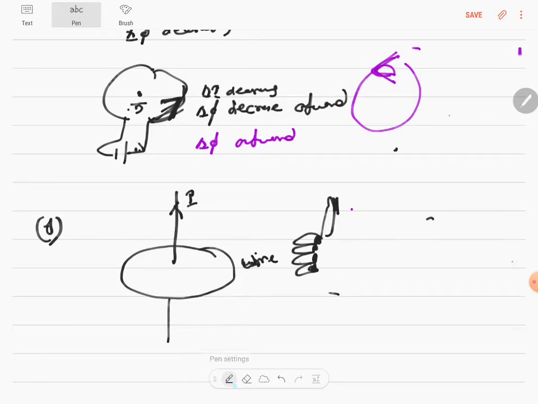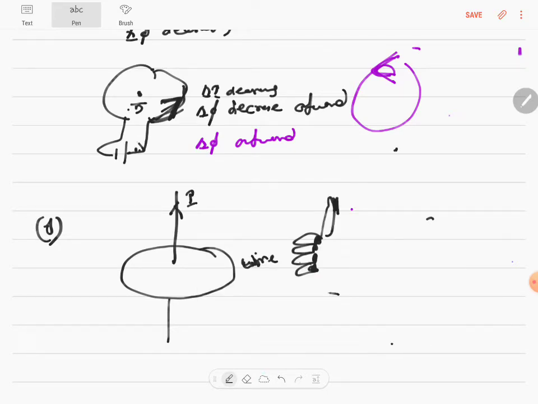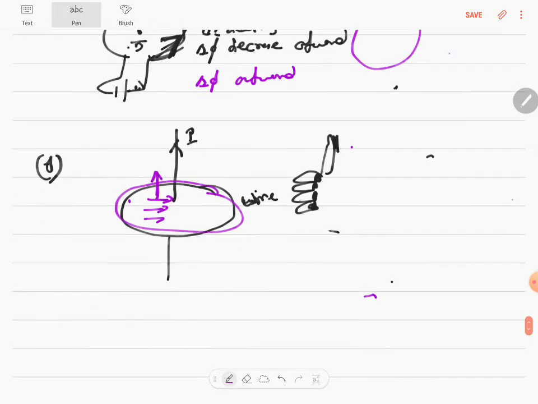The magnetic field's direction is in this direction, and the ds vector is in this direction. Can you see? The normal to the coil is pointing outward, above. So the flux is B ds cos 90, and therefore there is absolutely no flux, flux is 0. There is no change in flux, so no EMF and no current.